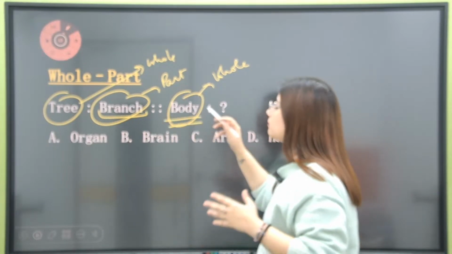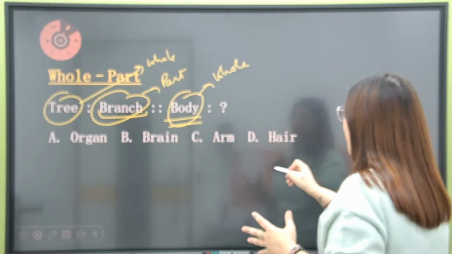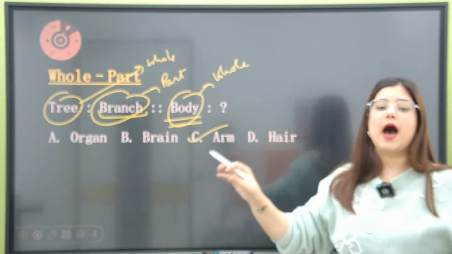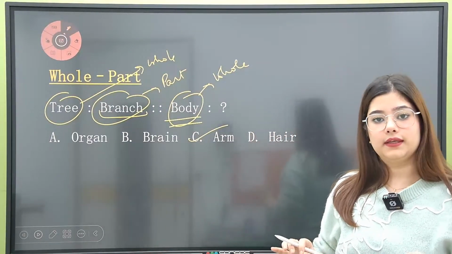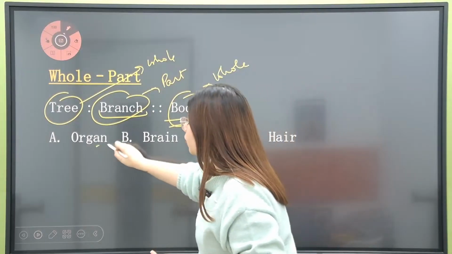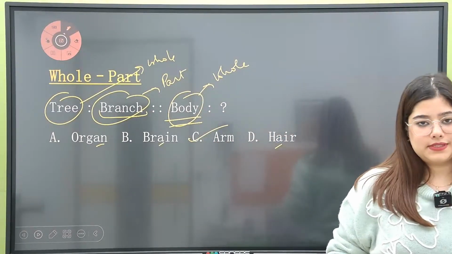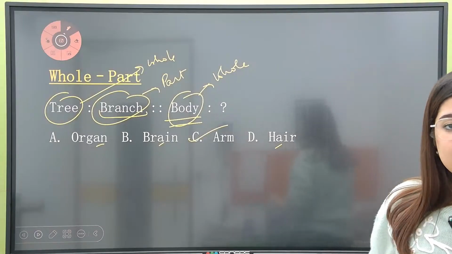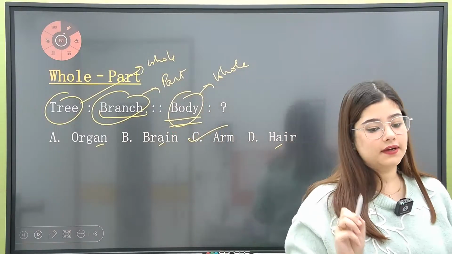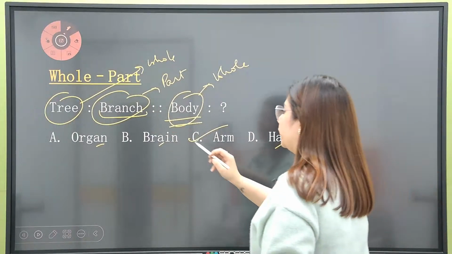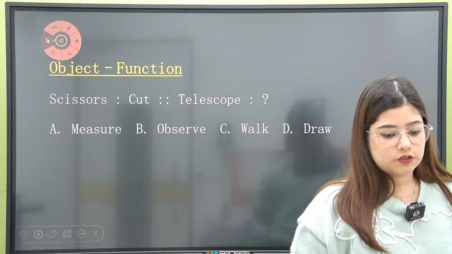Similarly, if we look at body as a whole object, as a whole entity, then arms protrude out from that whole object or whole entity. Here you could say that organs are also parts of a body, brain, hair, all represent parts, but you have to analyze the correct relationship. That is important. Next type of relationship, object to function.